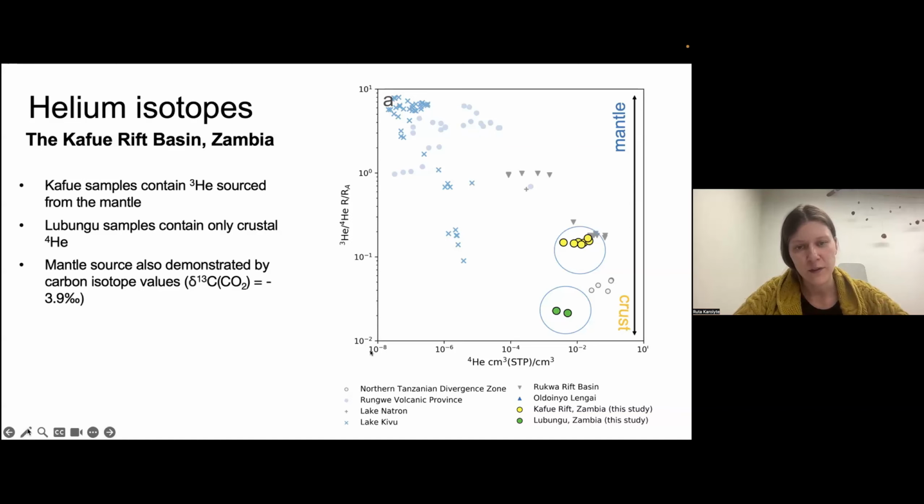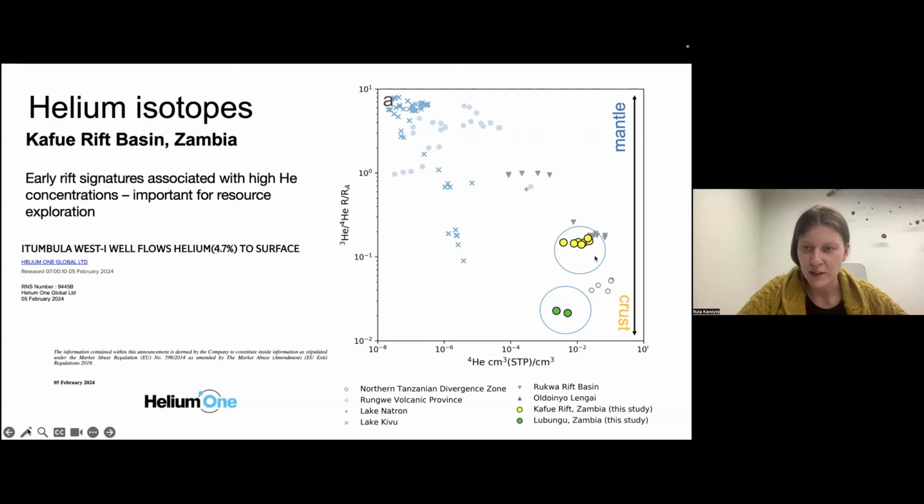Then if we look at the x-axis, helium concentrations, we see that these samples are associated with really high helium concentrations, around 1 to 2%. And generally in helium exploration, this is considered really high.